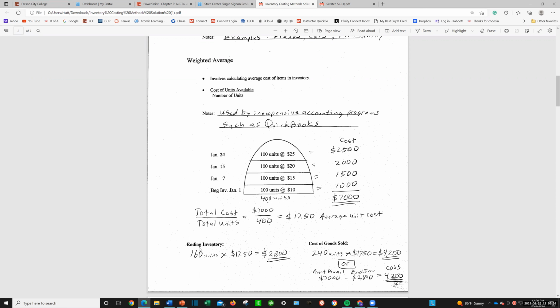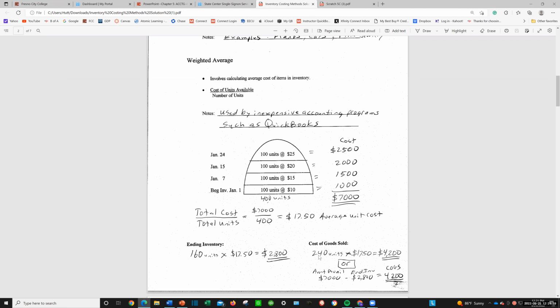So to figure out what's in ending inventory, and remember, these numbers will never change, ending inventory is always going to be 160 units. Cost of goods sold is going to be 240 units, just like page 1 of the handout. Okay, so how are we going to cost out those 160 units in ending inventory? By the average cost. So 160 times 17.50 equals 2,800.